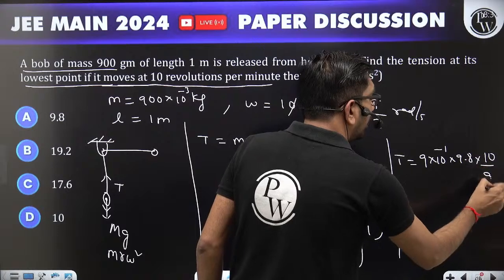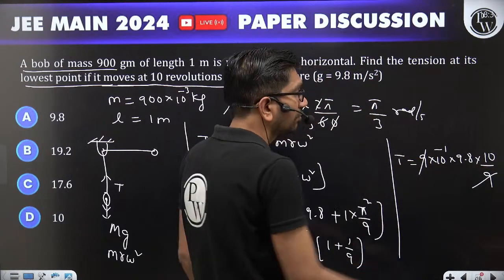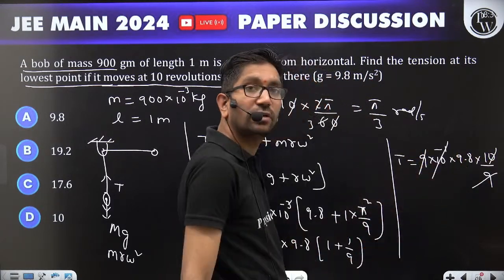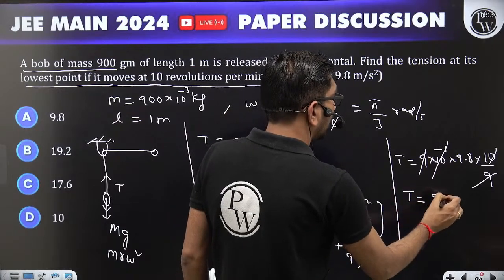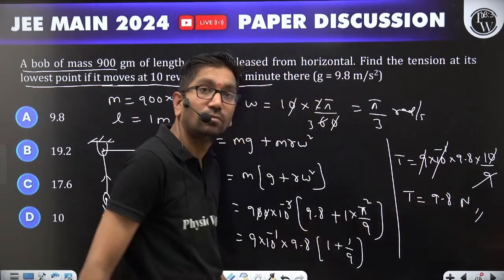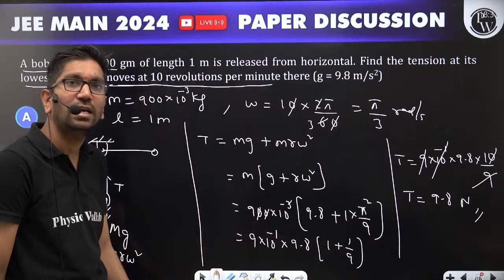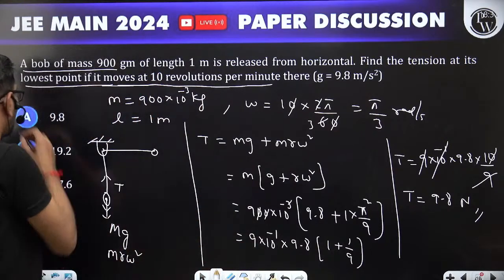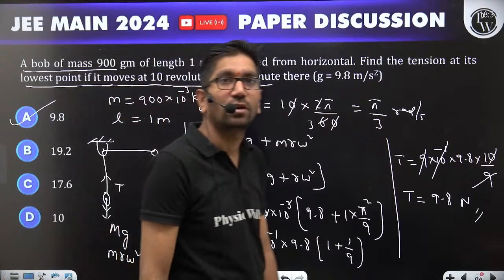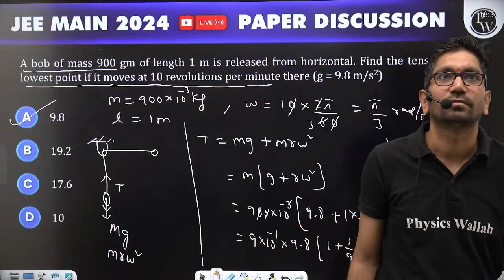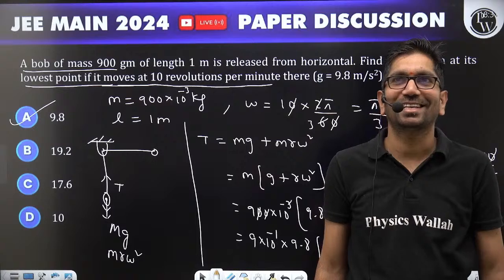This 9 gets cancelled, this 10 gets cancelled. So finally, the tension at the lowermost position you got as 9.8 Newton. Option A is the correct answer.